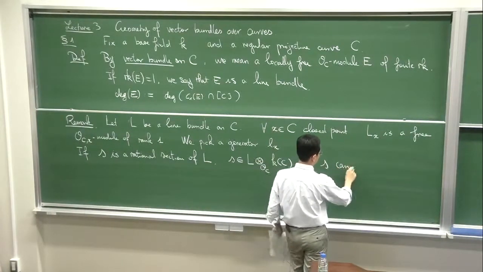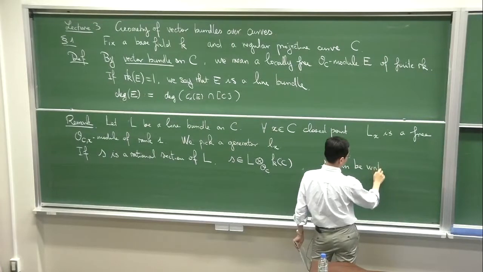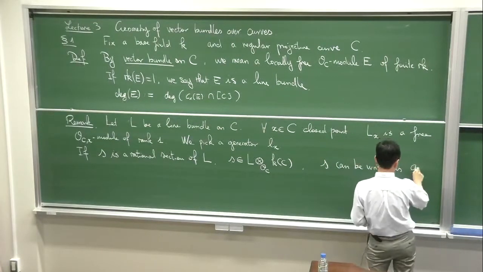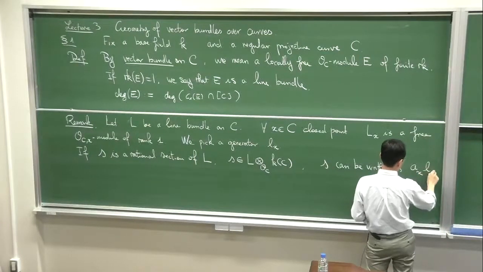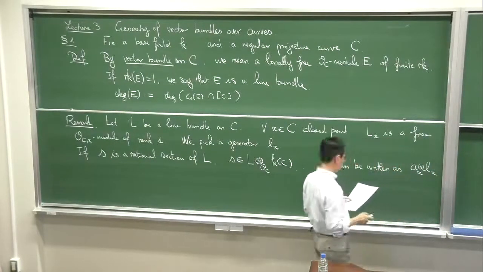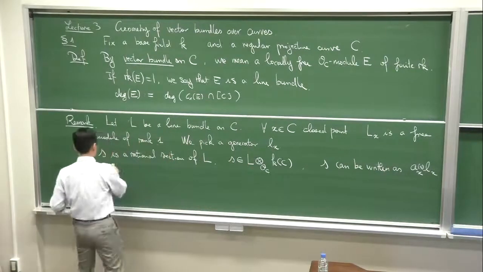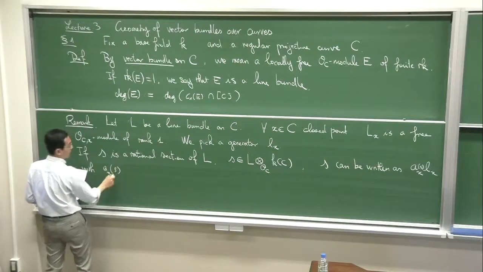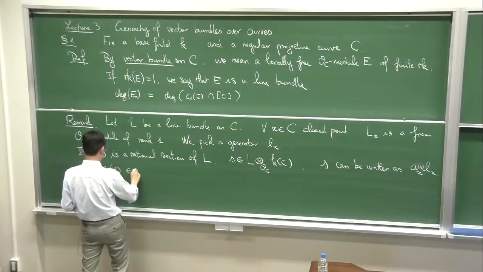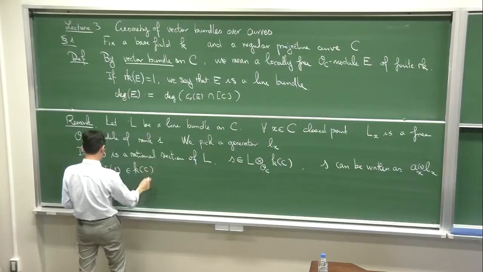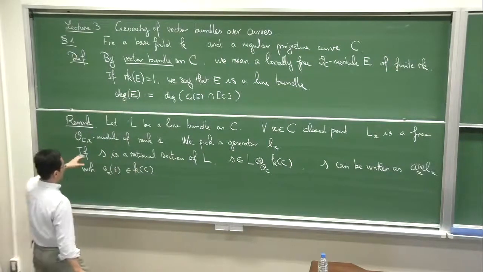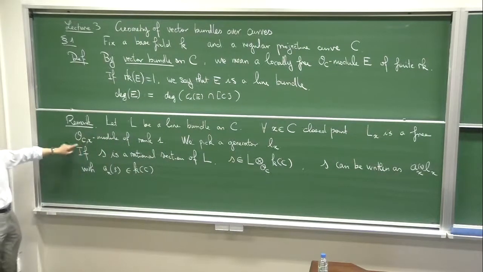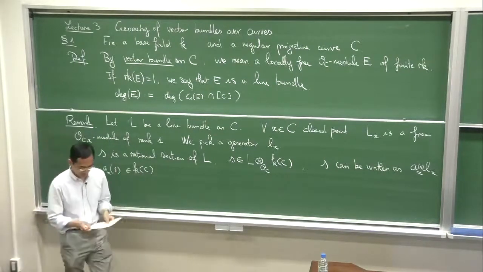So s can be written in a form somehow like a_x(s) times the generator of L_x. Of course this depends on s. Here a_x(s) is an element in K_C. Now the point is that O_{C,x} is a discrete valuation ring with fraction field K_C.